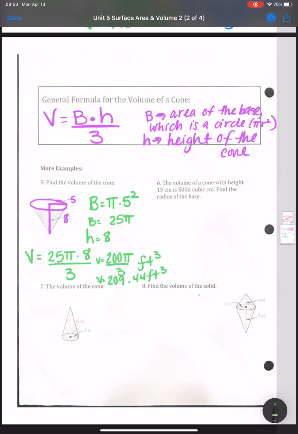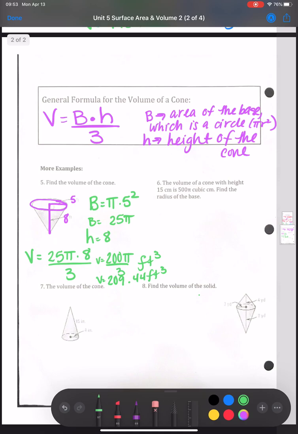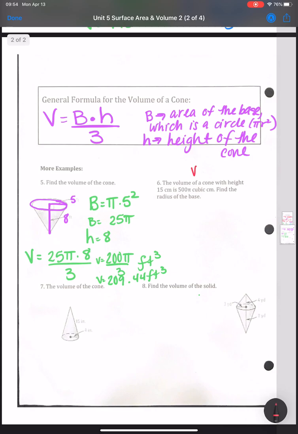All right, let's look at number 6. Number 6, we have to kind of work backwards on this one. It says the volume of a cone with a height of 15 centimeters is 500 pi cubic centimeters. Find the radius of the base. So again, we're going to use the volume is pi r squared times the height all divided by 3. So let's fill in any pieces of information we know into this equation.